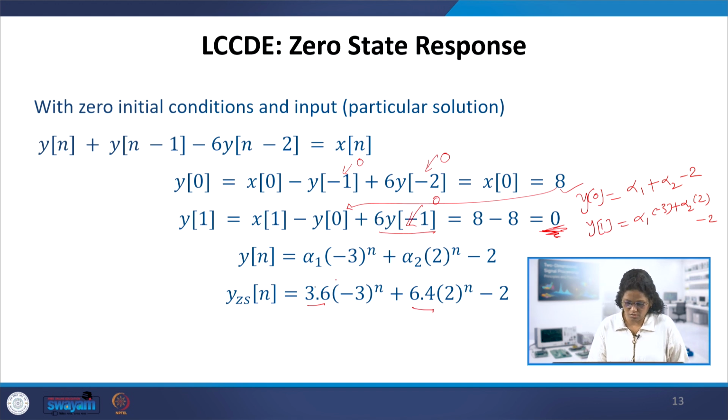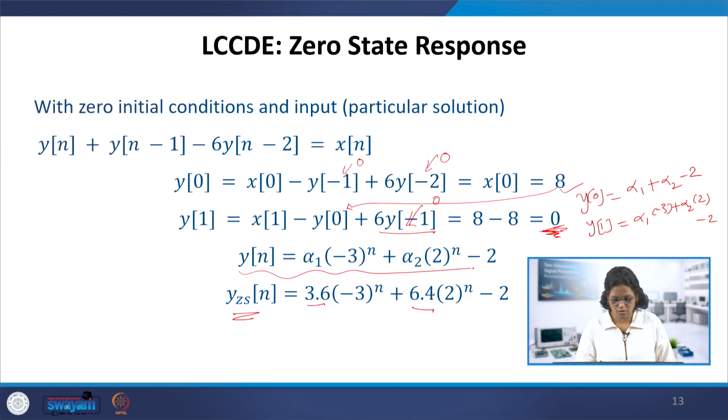This is the zero state response, whereas the previous one was the zero input response. This only considers the input applied to the system, with the initial conditions taken as 0.